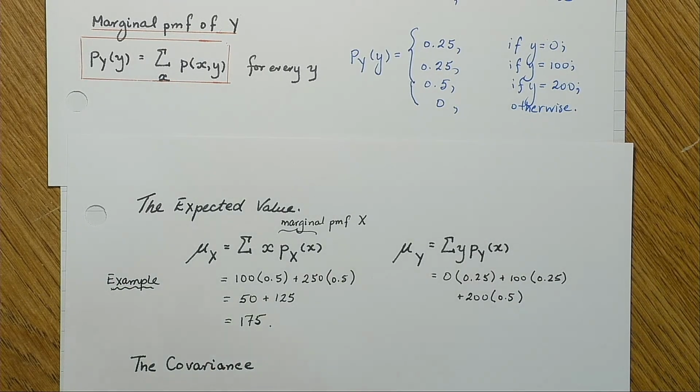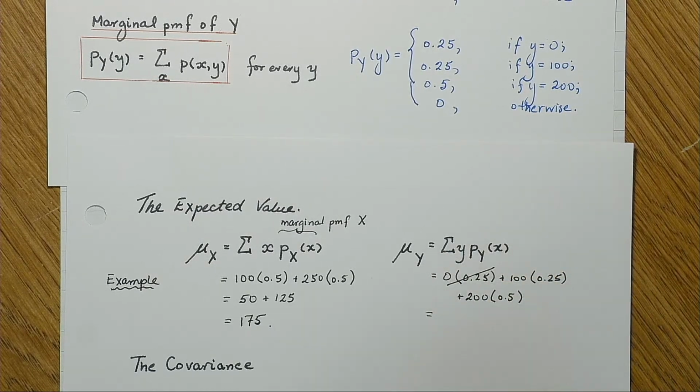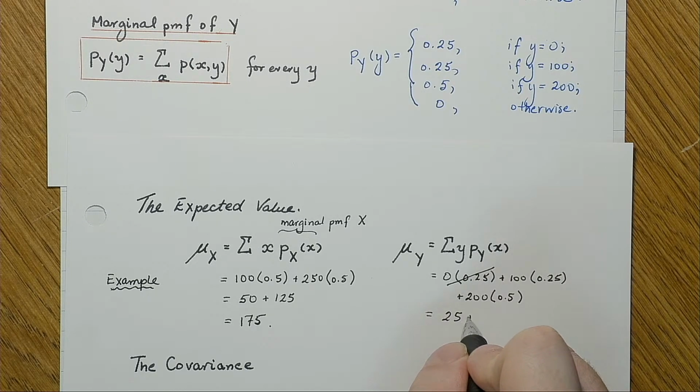So I don't have to worry about the other case, because that goes to 0. So I have 100 times 0.25, that gives me 25. And I have 200, and I need a half of that, which is 100. So that gives me 125.